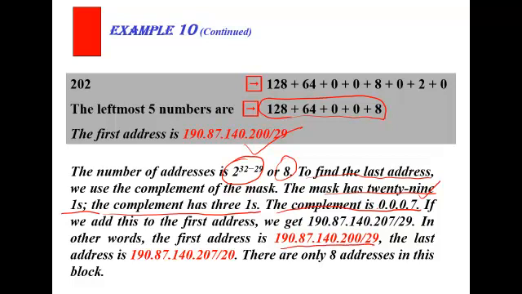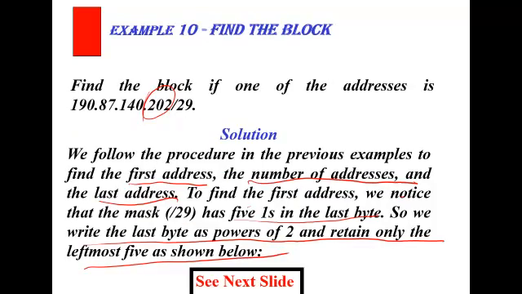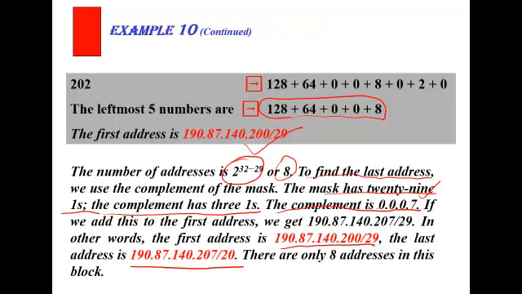So the final last address will be 190.87.140.207/29. Okay, so this is the method through which you can find out the complete block details, right? So this is the method.